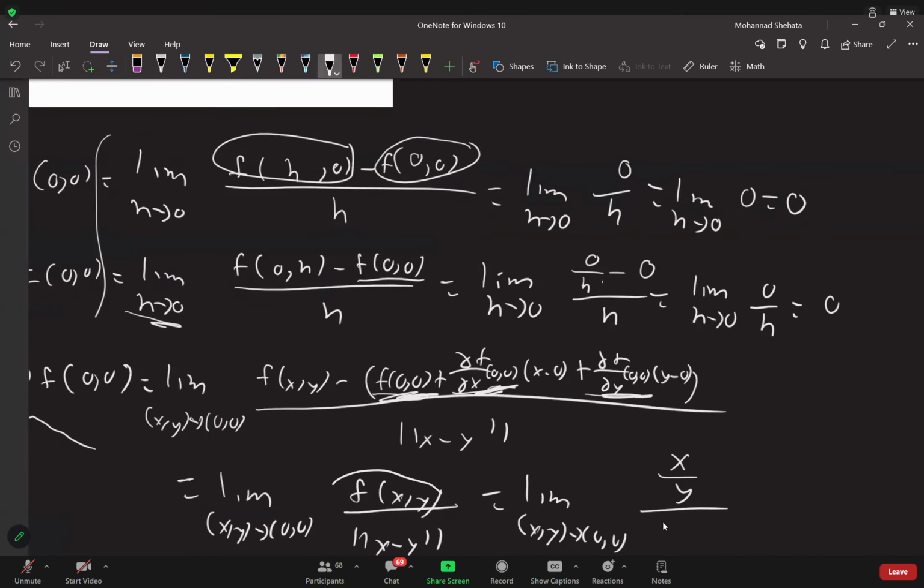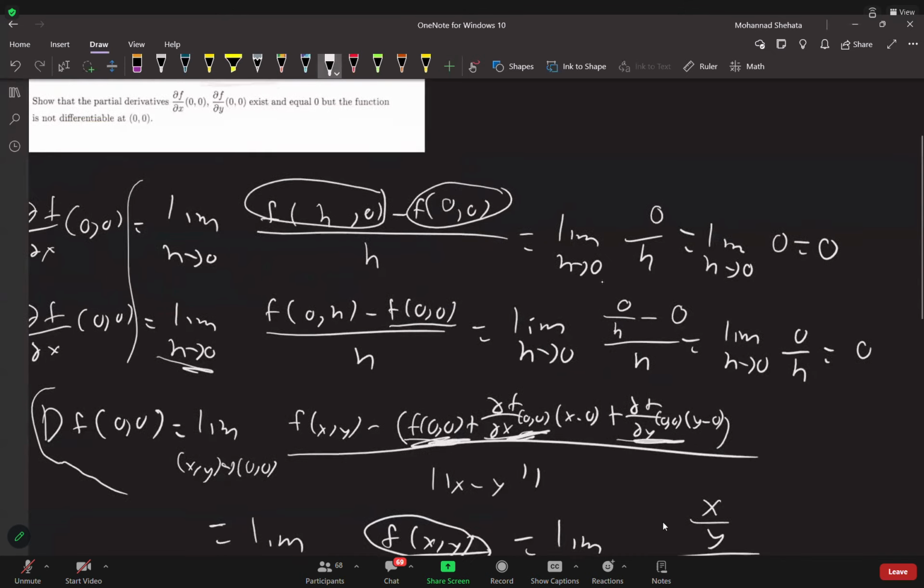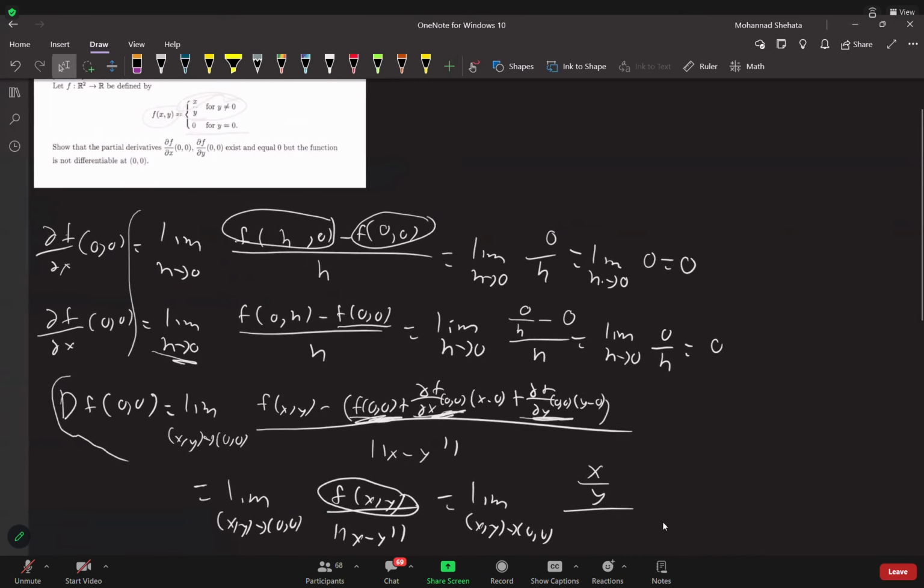Actually, this is even worse because, yeah, you cannot plug in 0 in the denominator, but we don't want to plug in 0 in the denominator in the first place.